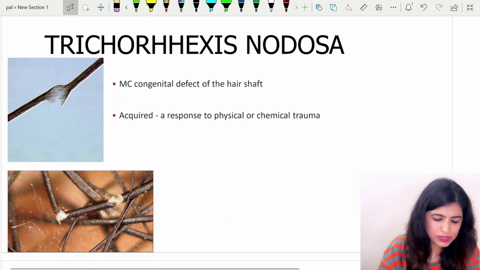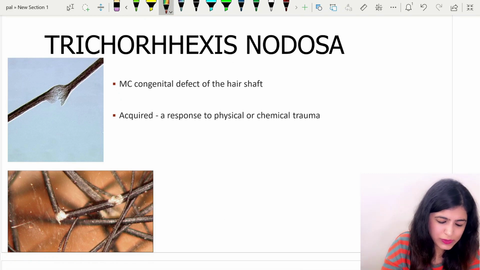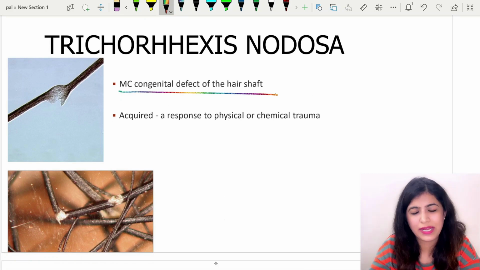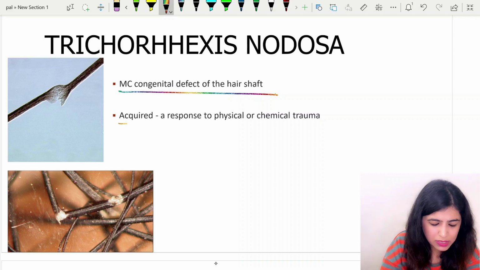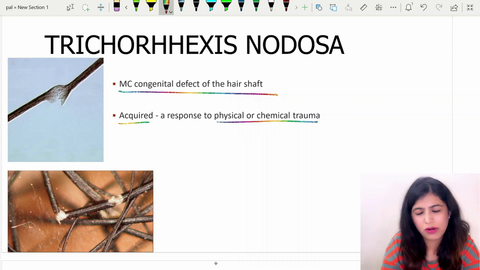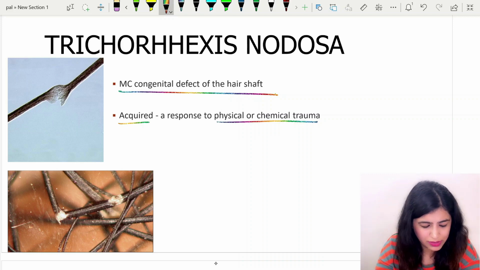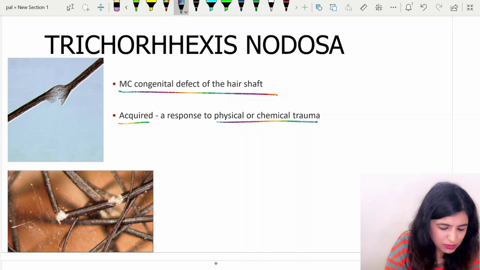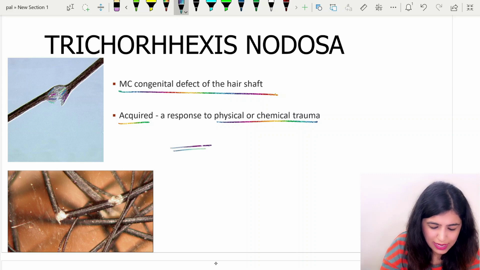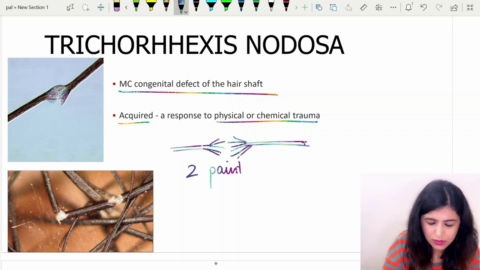The other option was trichorexis nodosa. It is the most common congenital defect of the hair shaft, but can also be acquired when you do a lot of physical and chemical treatments on the hair. So the hair shaft breaks at different points and it splits like this, leading to the appearance of two paintbrushes intertwined with each other.